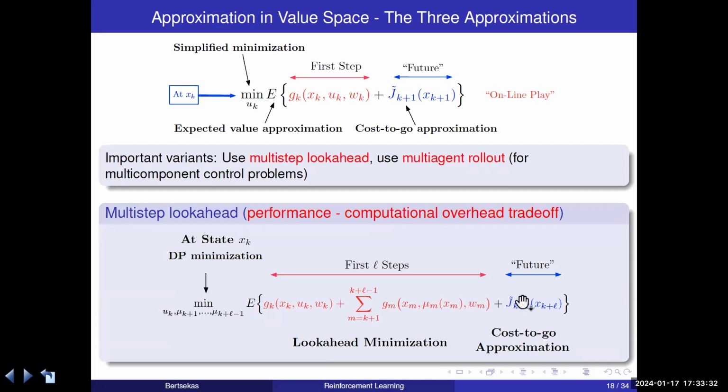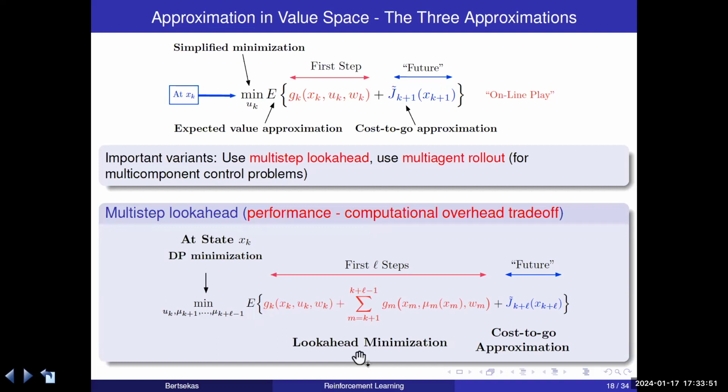And then what you will obtain is something that involves the first control and the remaining control functions, but you keep and apply only the first control, and you throw all of this away.